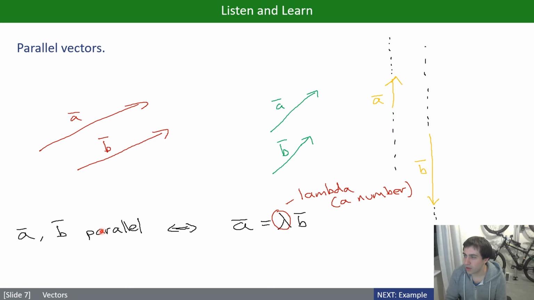If you were talking about even more vectors, let's say you wanted to say C and D are parallel, you might use a different lambda. So you'd start having things like lambda 1, lambda 2. But in this case, it's only one pair of vectors. We don't need to worry about that. We just call it lambda. Okay, so you've got examples of the geometric definition of being parallel, and then you've got a mathematical way of writing it.